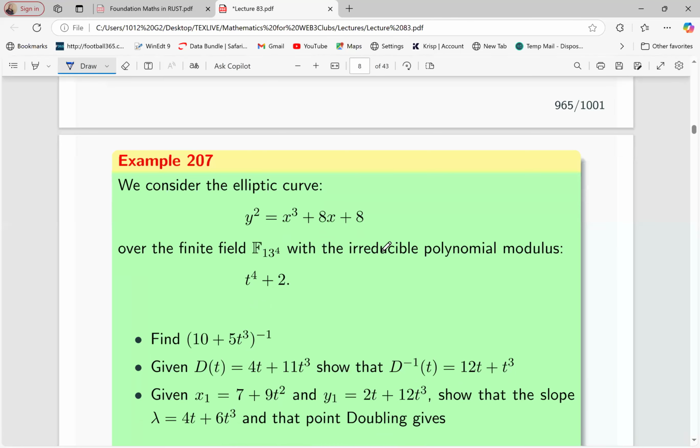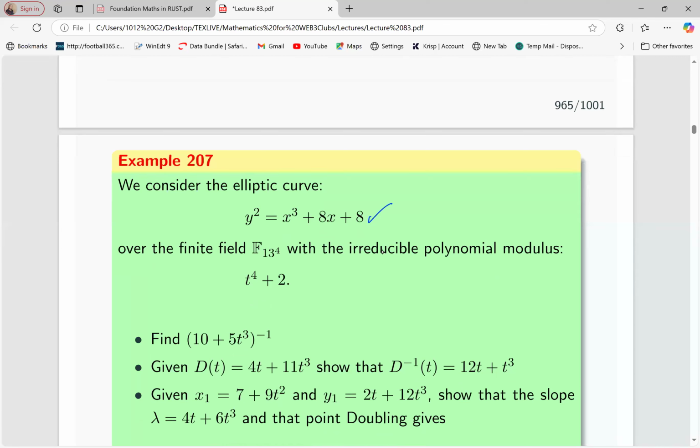So the example is, consider the elliptic curve defined over this extension. Of course, we talked of F13, but because we want to do pairing, we extend it, and the embedding degree was 4. So we extend it to this field. When you're extending, you must define an irreducible polynomial that will help us reduce whenever we're doing multiplication and the result goes beyond power 4.